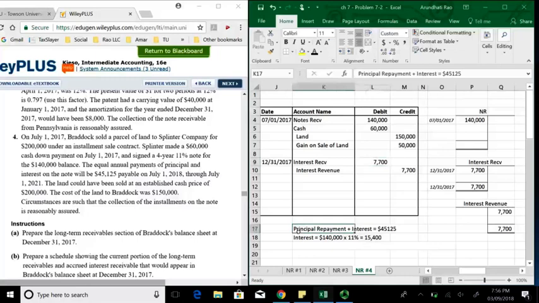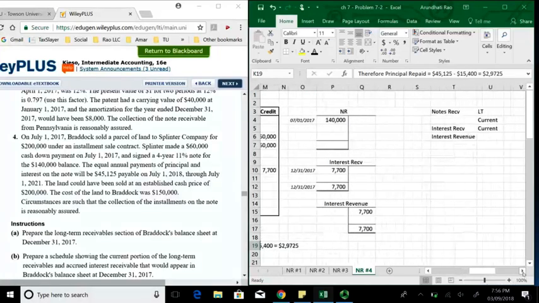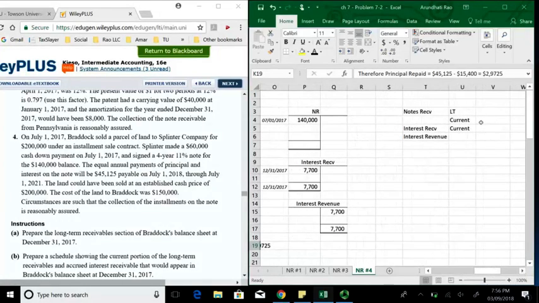Now principal plus interest equals 45,125. Let's put that back in this over here. So principal is going to be 45,125 minus 15,400. Why is this significant? This is significant because I need this last piece of information over here, the principal repaid, because that's what's going to appear in my balance sheet, and we'll see what we're going to do over here.